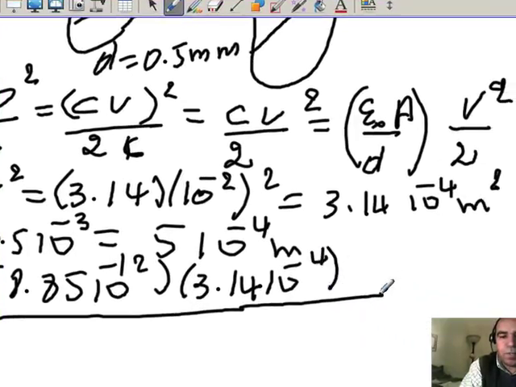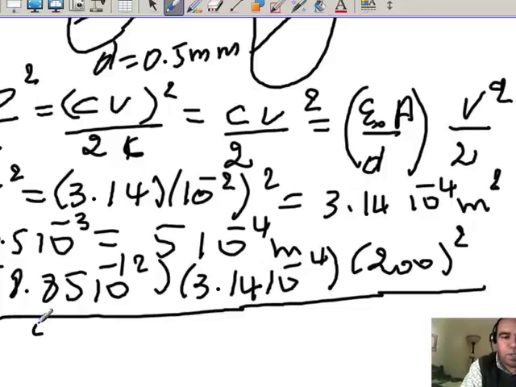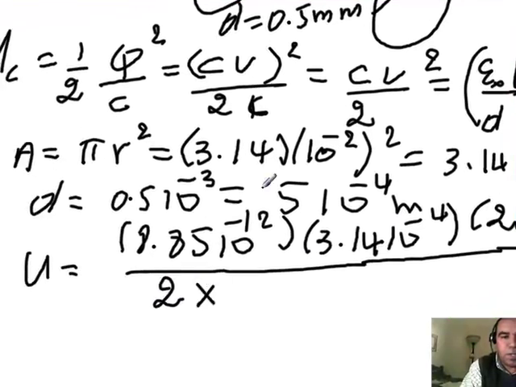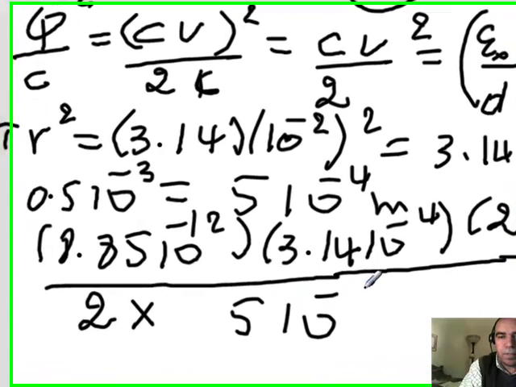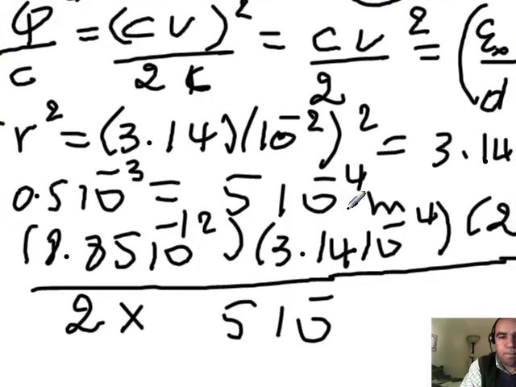I don't need to put the units for now. And then V is 200 squared. And then I have half, that is 2. And I have D, which is 5 times 10 to the negative 4 meters.